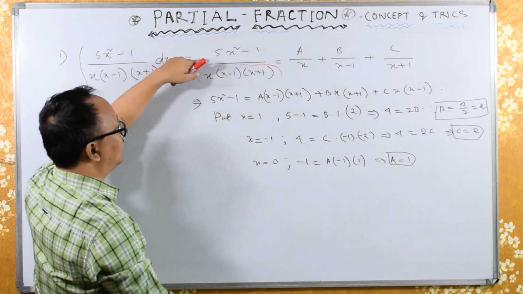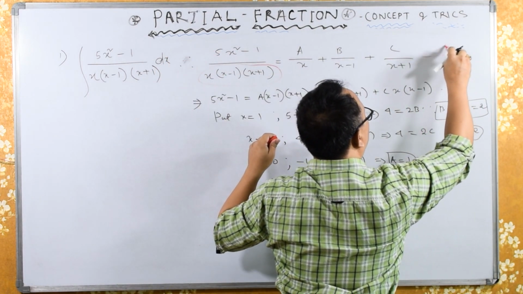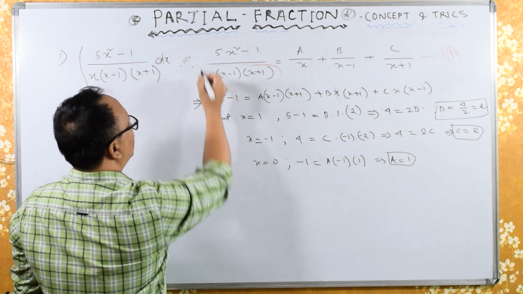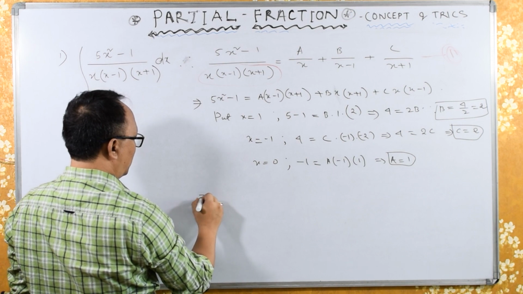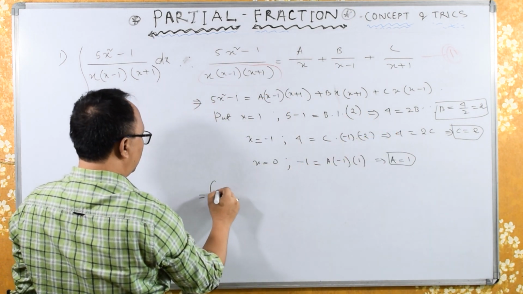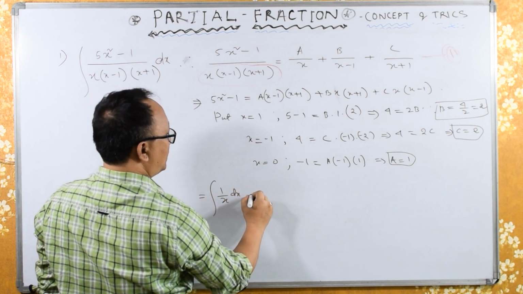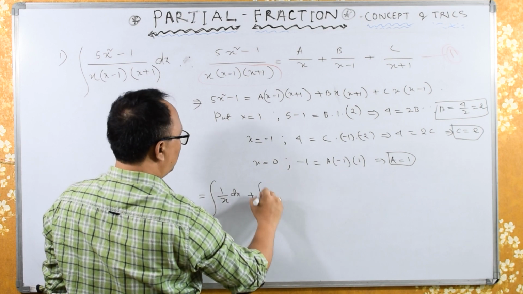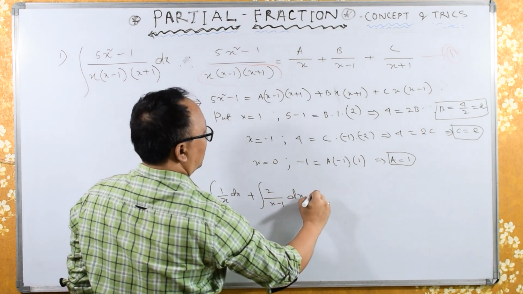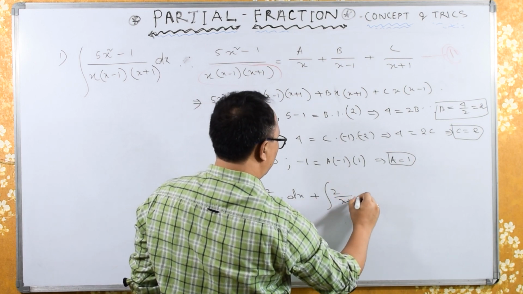Let's substitute in equation number 1. This integral is equal to the integral of a, what is a? A is 1 by x dx, plus what is b? B is 2 upon x minus 1 dx, plus c is 2 upon x plus 1 dx.